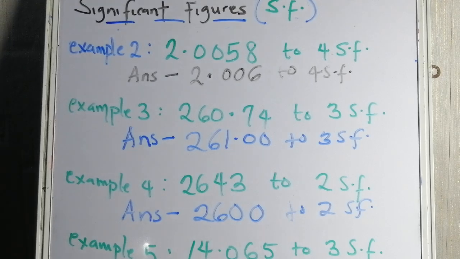It's very simple, but at the same time, young minds don't understand it. Students don't understand it. Even in their classes, they still find it difficult to approximate to decimal places and significant figures. So this will go a long way. Please ensure that you share it. It's as simple as it is.